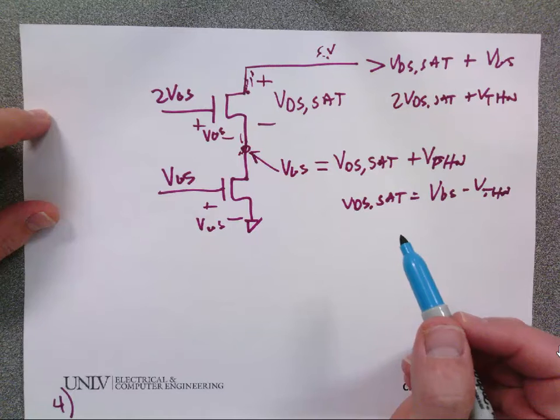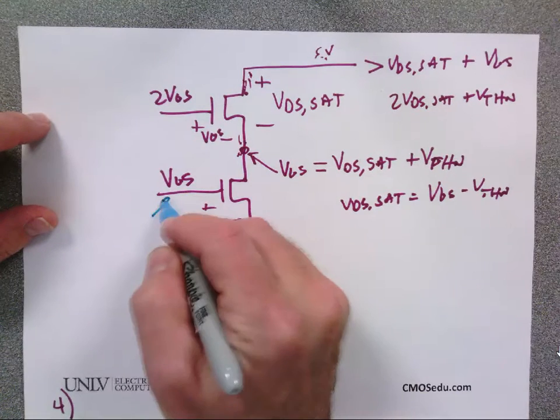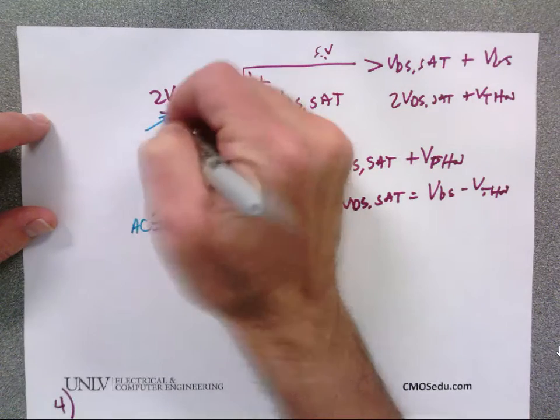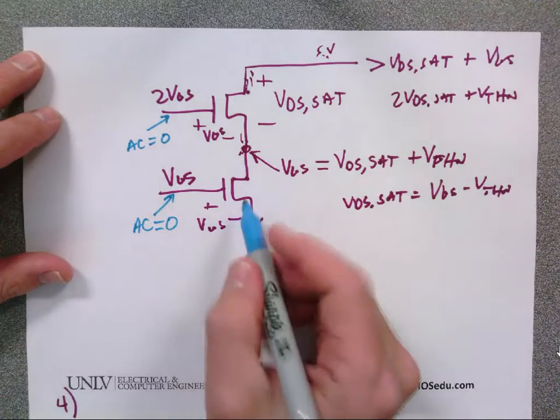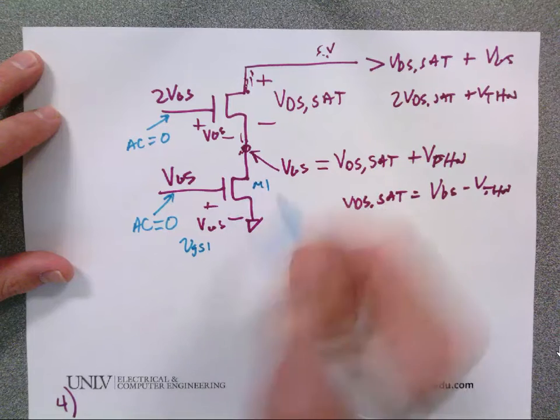Okay, so tell me, what's the AC voltage here? What's the AC voltage here? So would everybody be okay if I said that VGS1, if this is M1, is equal to 0?